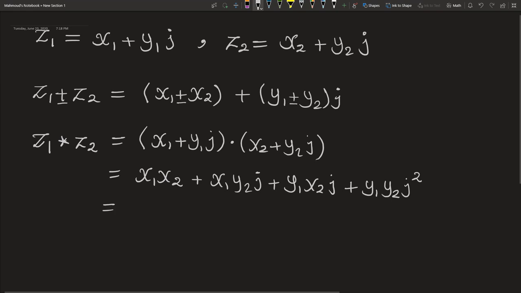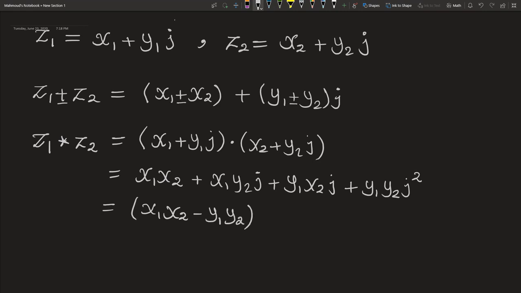So this is in fact equal to x1 times x2 minus y1 times y2.